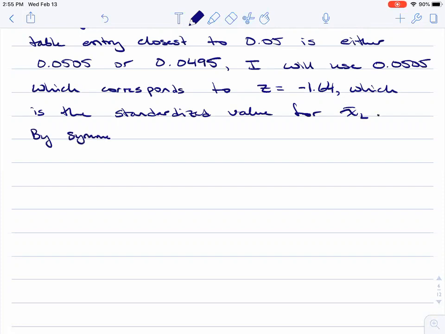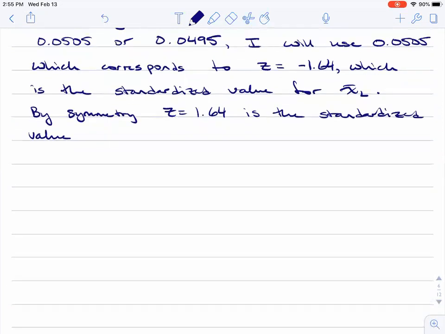And then I'll just say by symmetry, Z equal to positive 1.64 is the standardized value for X bar upper.